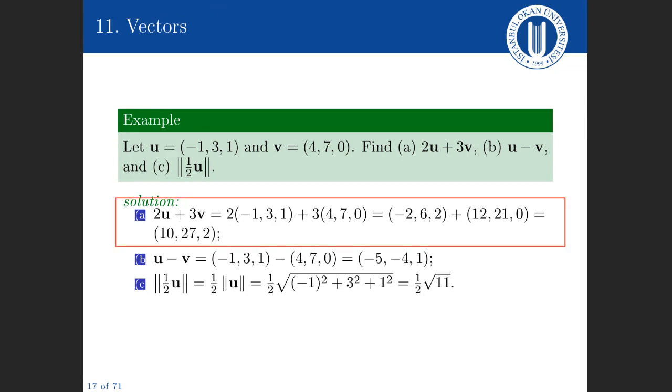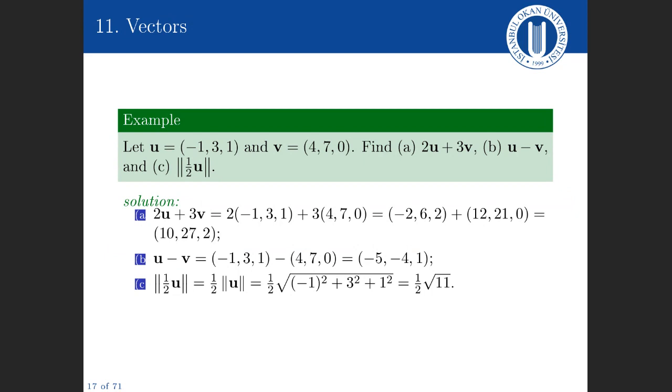First of all, let's do part A, 2u plus 3v: 2 multiplied by minus 1, 3, 1, plus 3 multiplied by 4, 7, 0. 2 multiplied by minus 1 is minus 2, 2 multiplied by 3 is 6, 2 multiplied by 1 is 2. Likewise, 3 multiplied by 4, 7, 0 must be 12, 21, 0. Add these numbers together, we get 10, 27, 2.